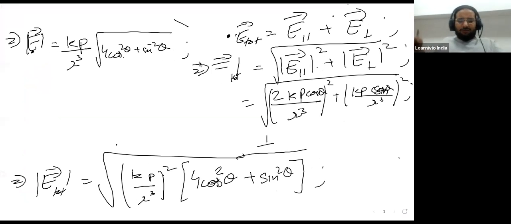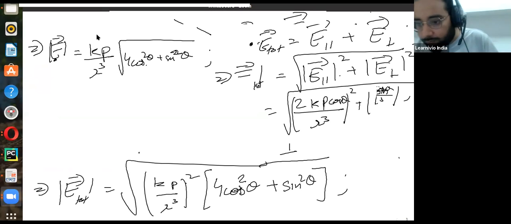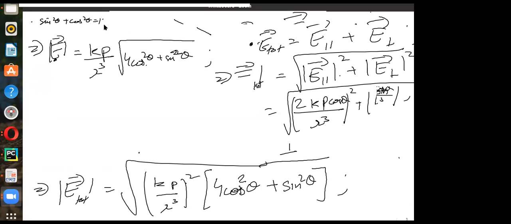Lovely. Now, when you have a sine square theta and a cos square theta, one thing to do is essentially just remember that sine square theta plus cos square theta is always one, right? So there's a sine square theta.